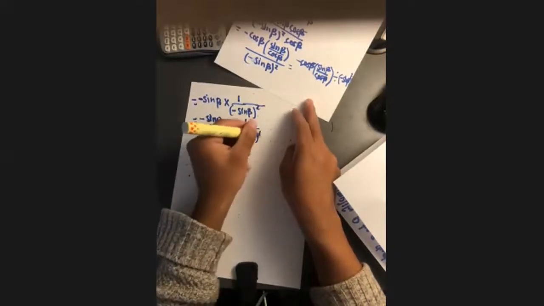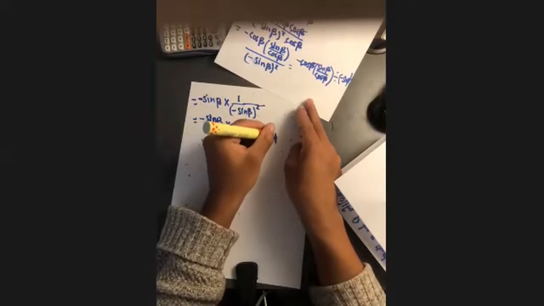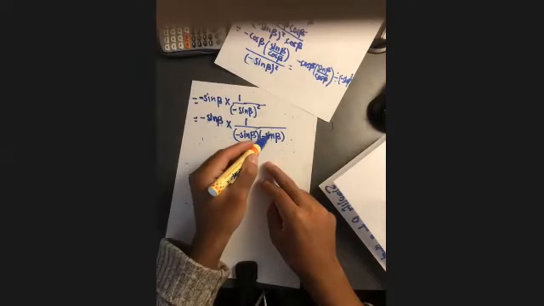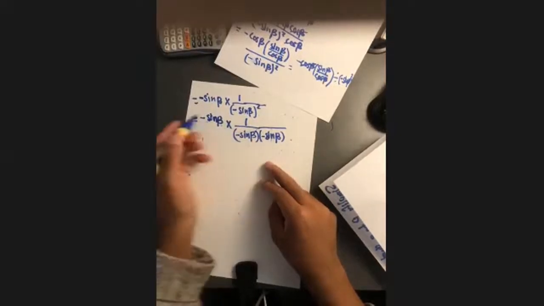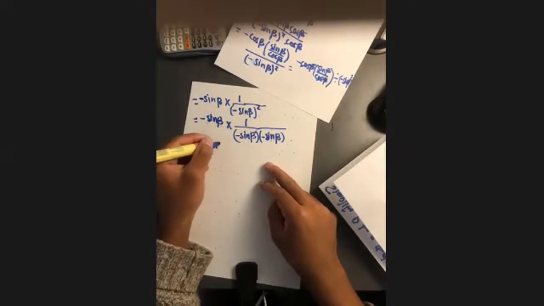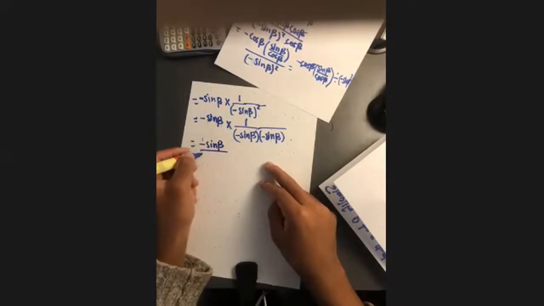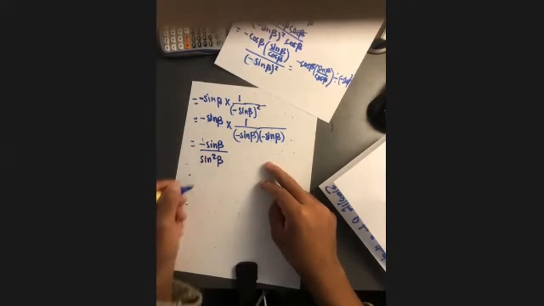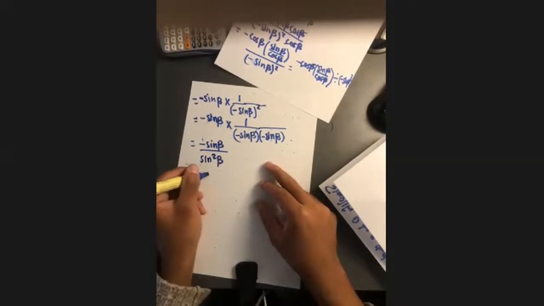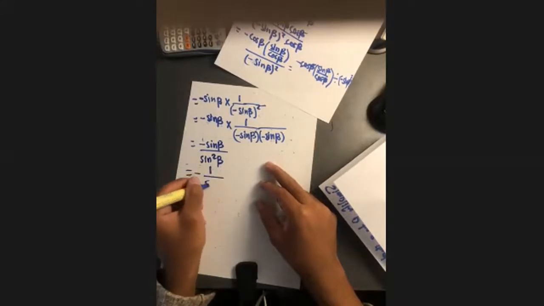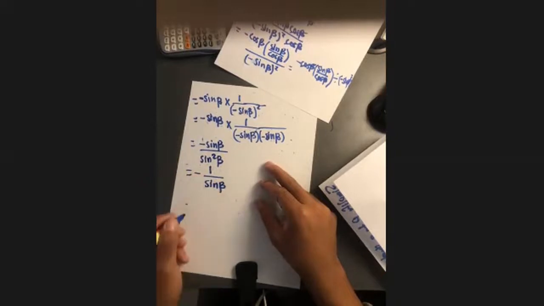Let me write it in full so that it can all make sense. It's going to be written as such, and then if we times this, this is just going to be positive, and then you're going to be left with minus sine of beta over sine squared of beta. And then we know that this is just going to be the sine of beta.